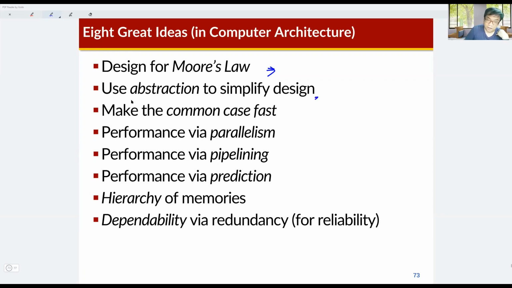Okay, so abstraction, and then the third great idea is to make the common case fast. It's very important also. Okay, what is the common case?